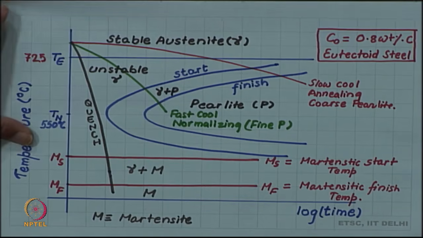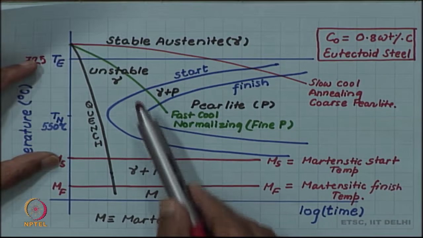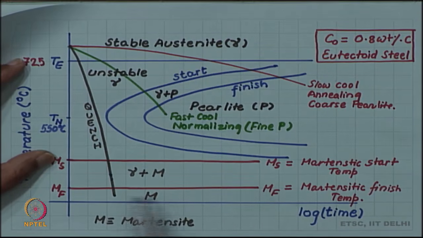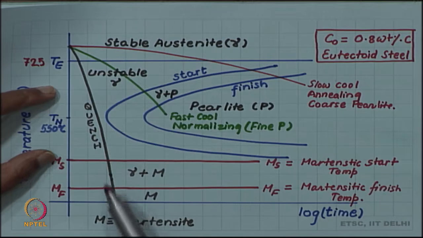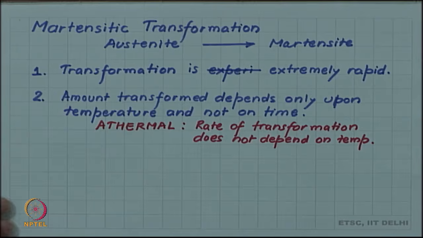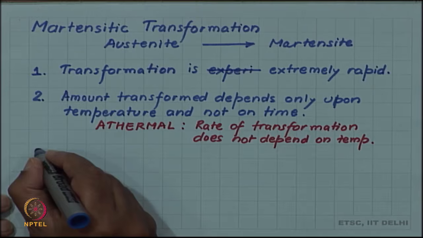So, the C curve is an indicator that the rate depends upon temperature, but here the horizontal lines for MS and MF, and the absence of C curve, are indicating that the rate does not depend upon temperature. So, this is called an athermal transformation.